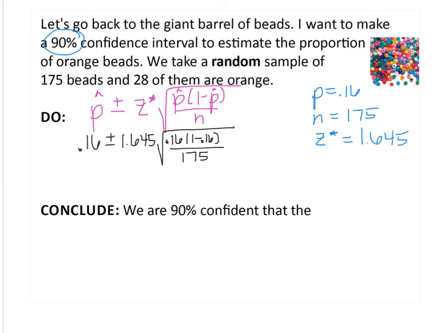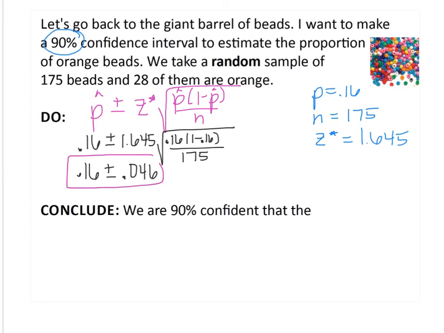And when I do that arithmetic, I end up getting 0.16 plus or minus 0.046. So be really careful when you type this into your calculator, go line by line, and then you get 0.16 plus or minus 0.046. So this is actually an okay interval.